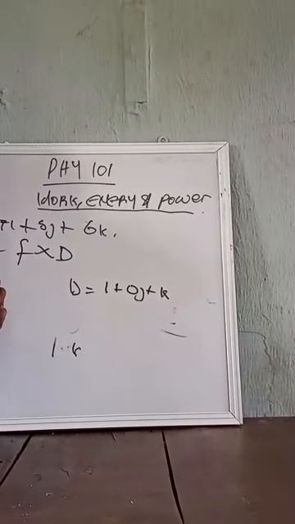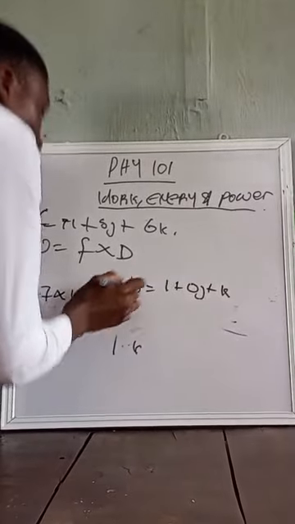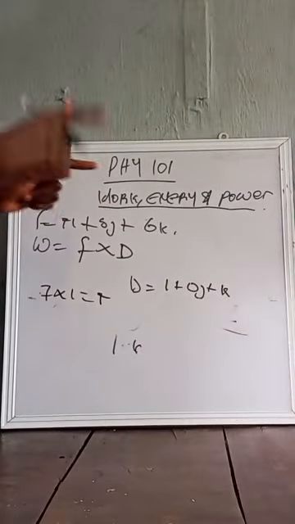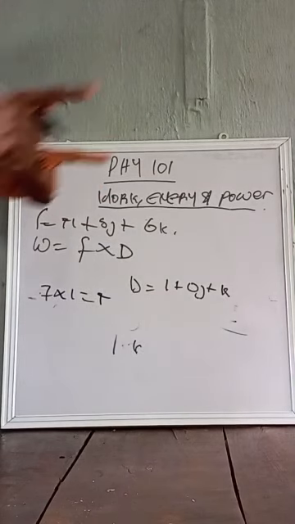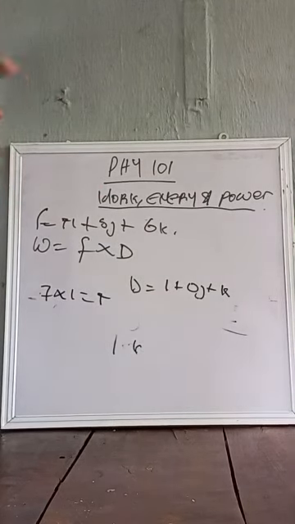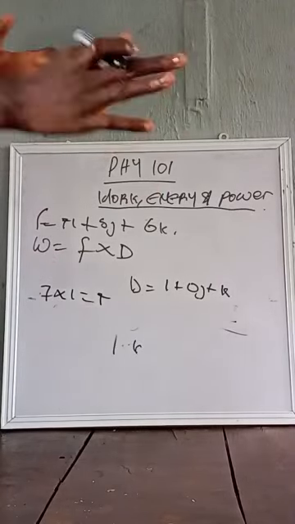The first one is 7 times 1, which is equal to 7. Remember, your i times i is 1, j times j is 1, and k times k is equal to 1. That is the vector component rule.